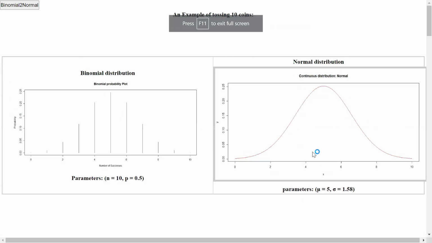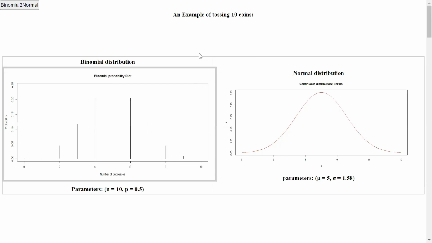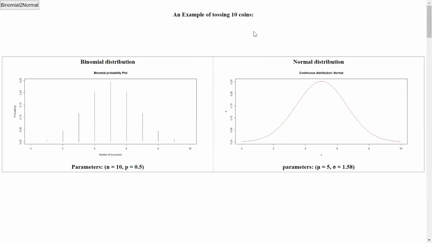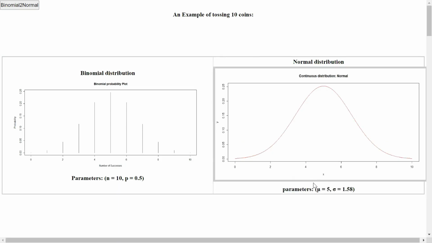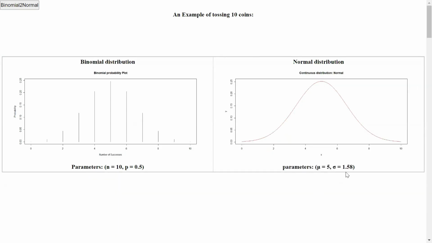These figures represent an experiment of tossing 10 coins with binomial parameter n equal to 10 and p equal to 0.5. The corresponding normal parameters are mu equal to 5 and sigma equal to 1.58.